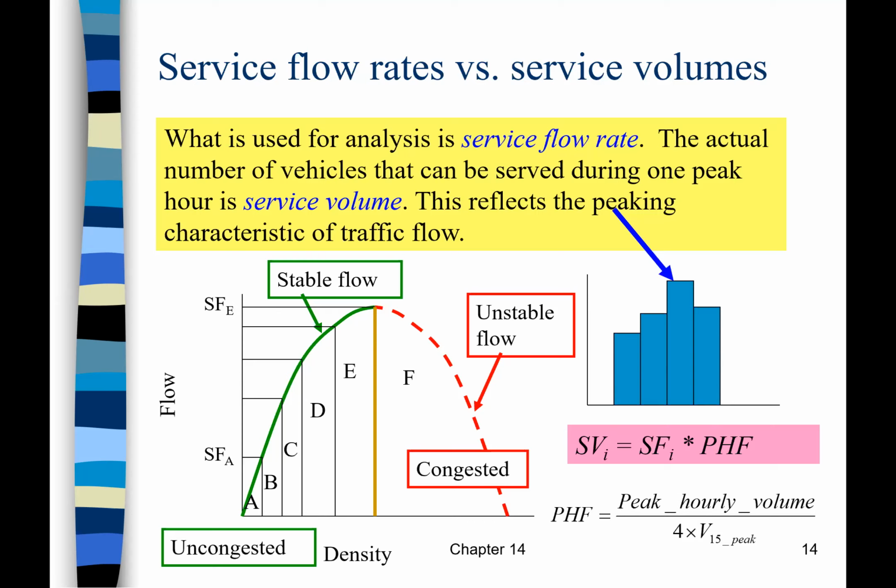PHF is going to be 1 under the condition where all of these are at the same level, where V15 is totally the same in each slot. So the total volume divided by 4 times V15 will be equivalent to 1.